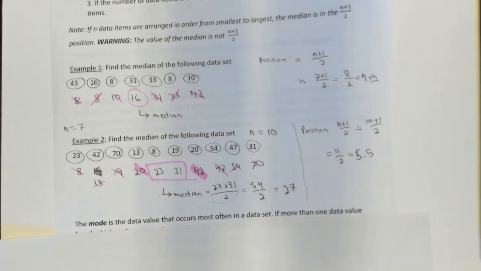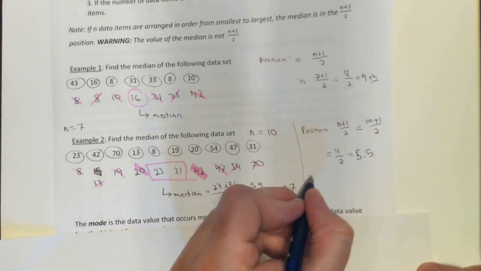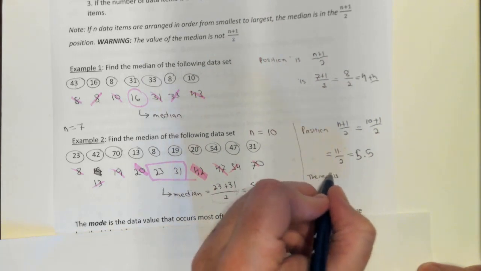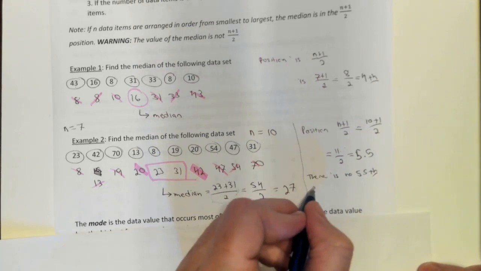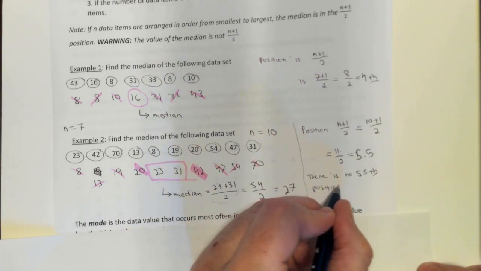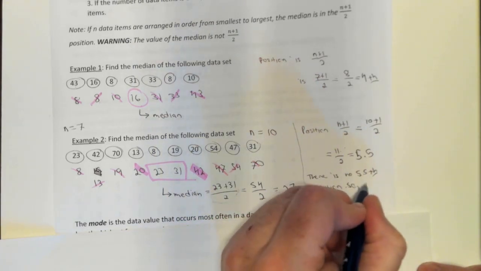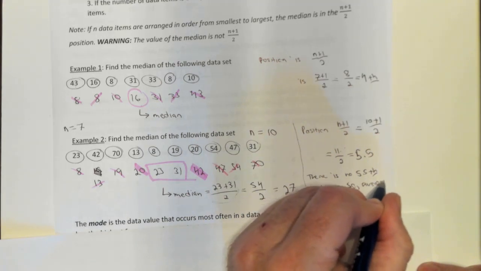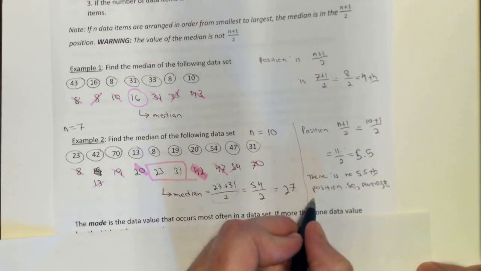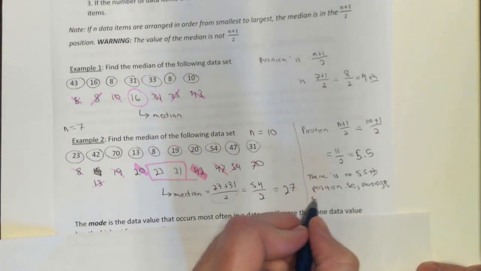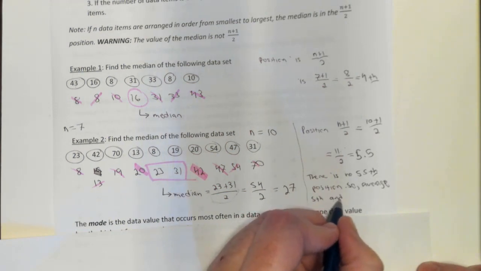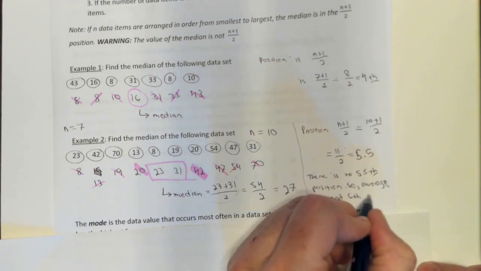Well, there is no 5.5 position. So you average, or find the mean of, the 5th and 6th position.